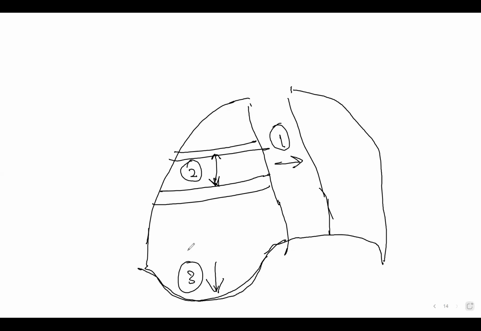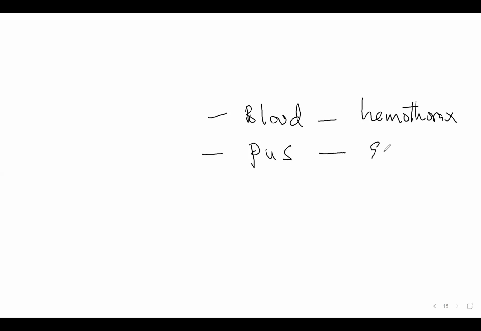If you remember, we talked about opacities, which could be homogeneous or heterogeneous. When it is fluid, it is homogeneous. And this fluid could either be blood, that is hemothorax. It could be pus, that is empyema, common in tuberculosis.